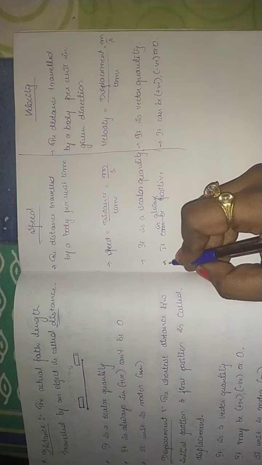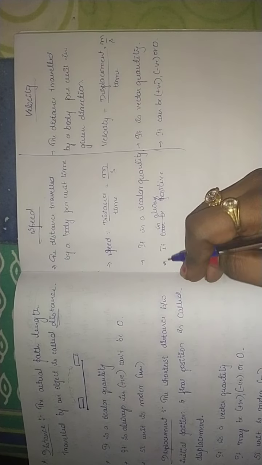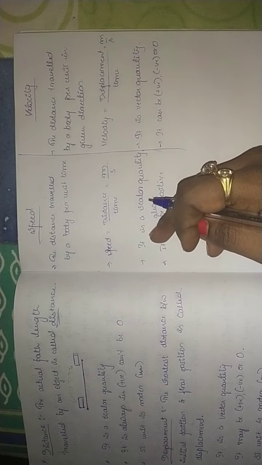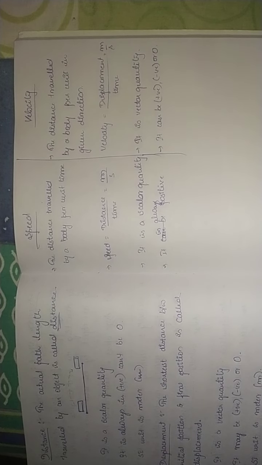The SI unit is meter per second for both. Magnitude changes according to directions. I hope, children, you got an idea of the differences between speed and velocity.